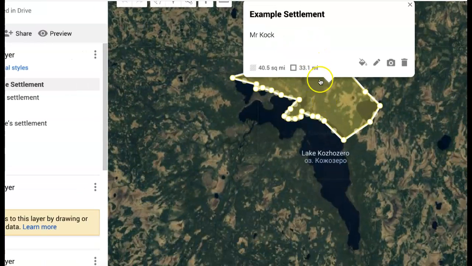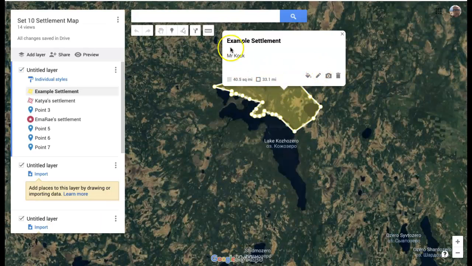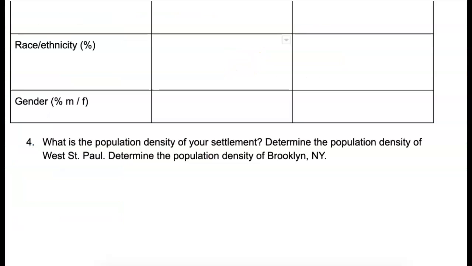So to figure out population density, you take your population and you divide it by your area. So if my population is 20, let's just say hypothetically, my population is 20. And my area, let's say, is 50. So we would take 20 divided by 50, which just so happens, again, that it's 0.4.